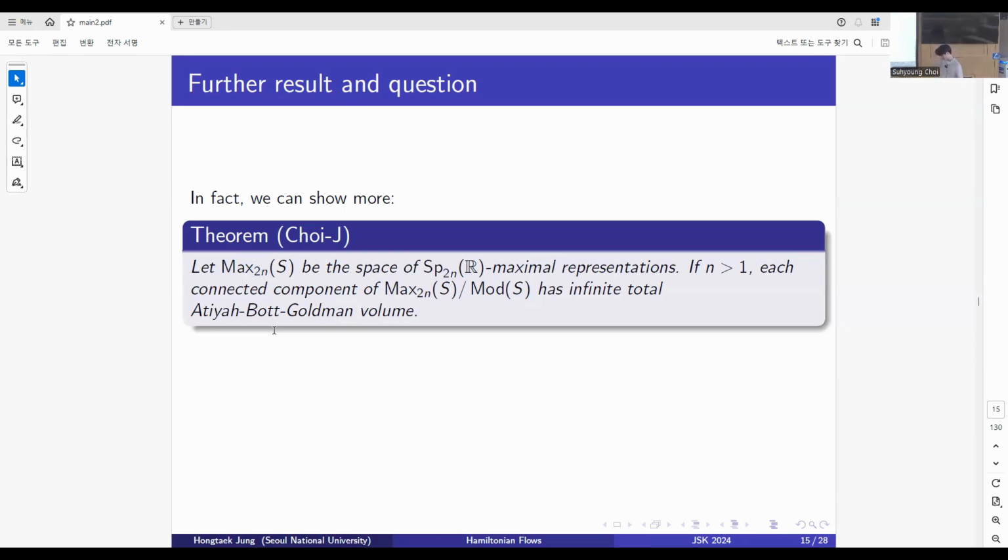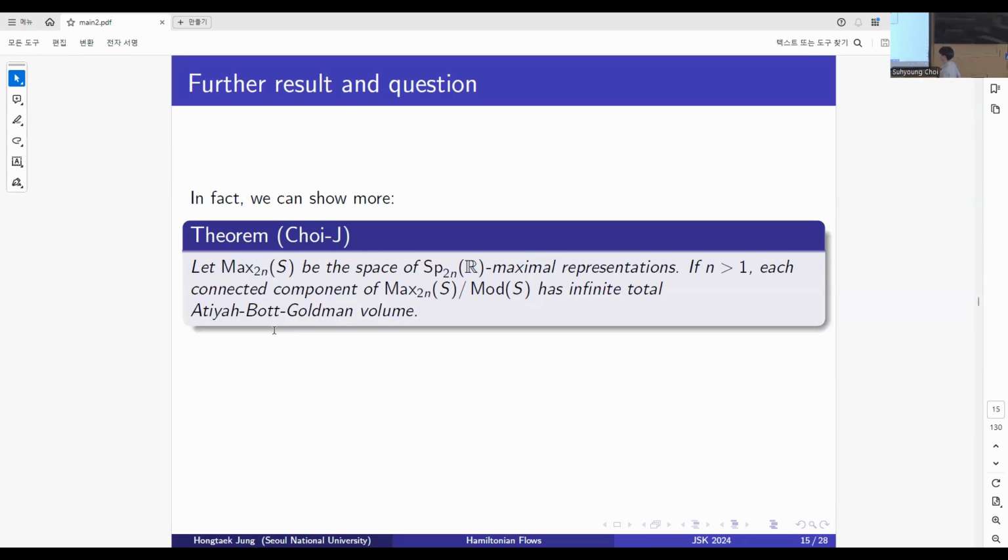And this Toledo invariant satisfies something called the Milnor-Wood type inequalities. And the maximal representation is the one that attains the maximal possible Toledo invariant. We collect all these maximal representations, then it forms some sort of component in the character variety, and we call this the maximal component. And the theorem says that we collect all these maximal representations, and this forms a space.